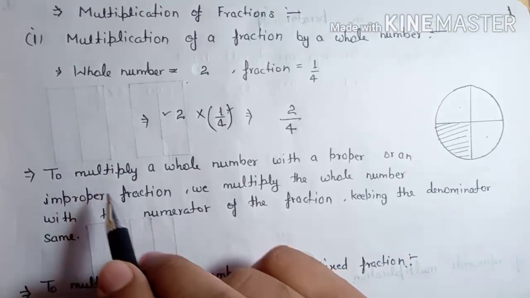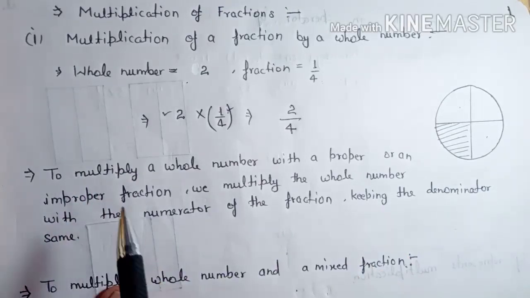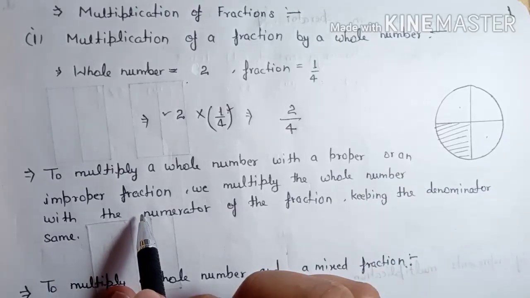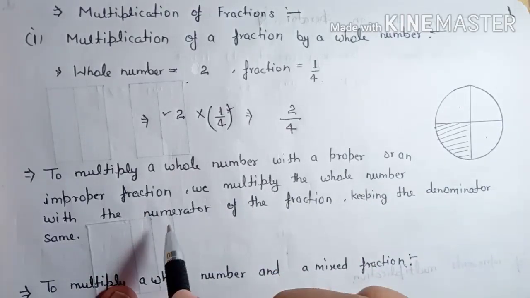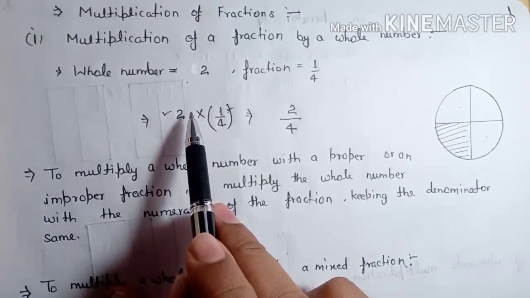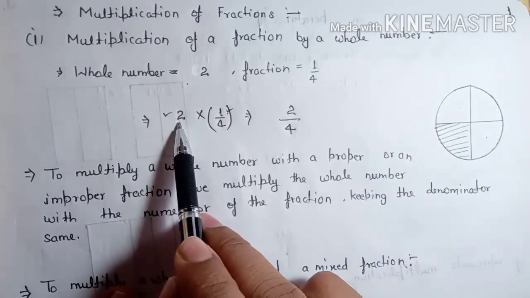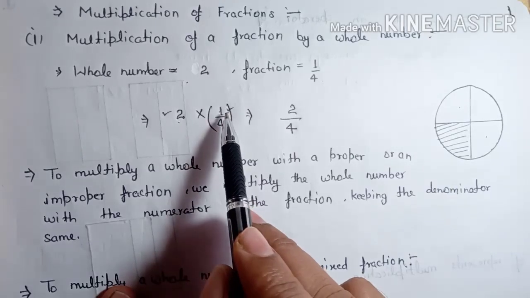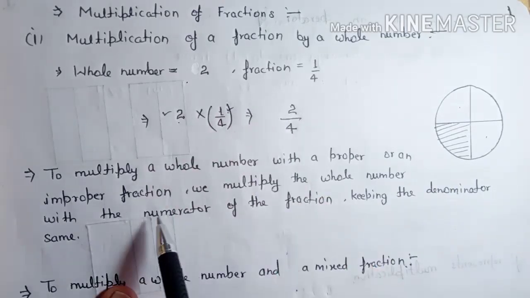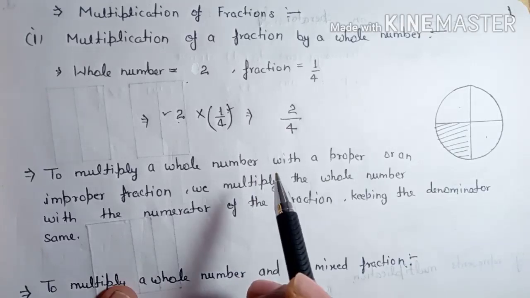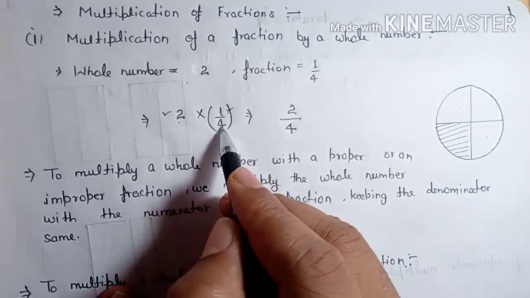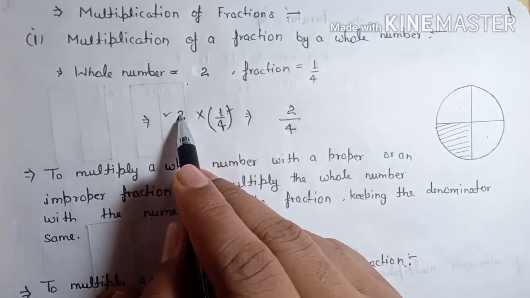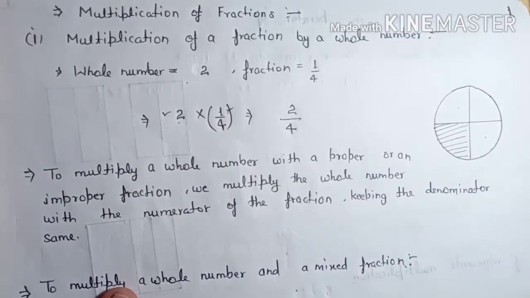Read this line: to multiply a whole number with a proper or an improper fraction, we multiply the whole number with the numerator of the fraction, keeping the denominator the same. If it is 4, then it is again 4 here, and we multiply 2 and 1.